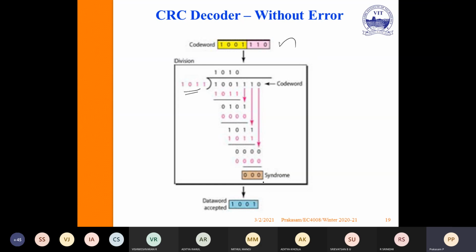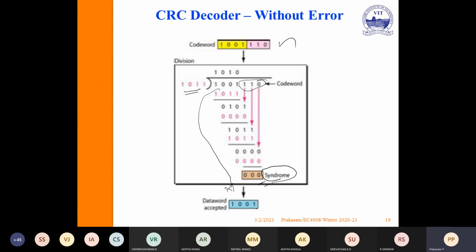So I will get 0 as the remainder. That is nothing but the syndrome. If the syndrome is 000, that means we have received the information without any error. So I am discarding this CRC value, then I am decoding my original data. So 100 is the original data, so it is accepted.